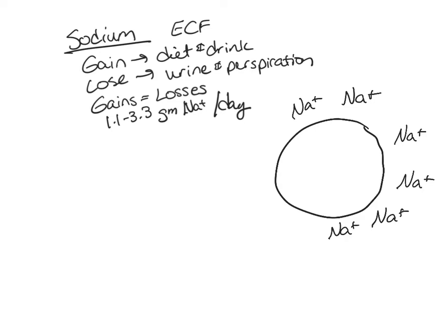Instead, the body will add water to dilute it, or it will take out water in order to make it more concentrated. So this is kind of how we keep the concentration of sodium constant. At the same time, it's maintaining that extracellular fluid volume.